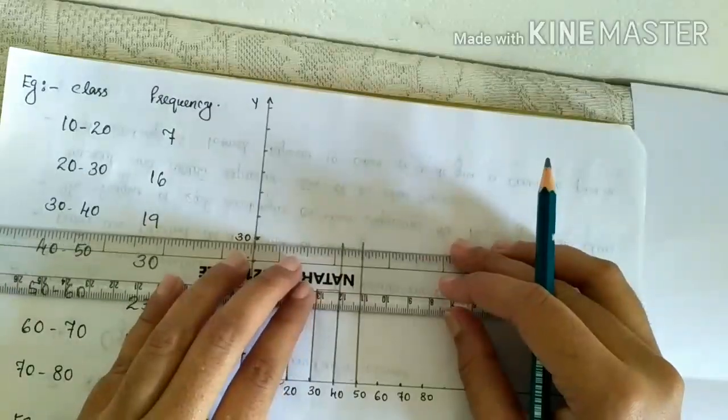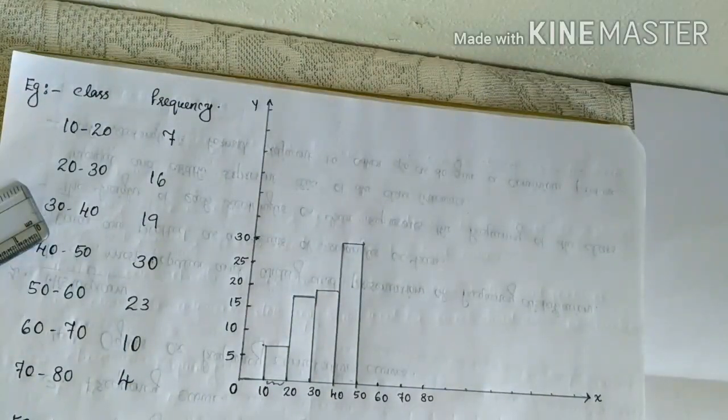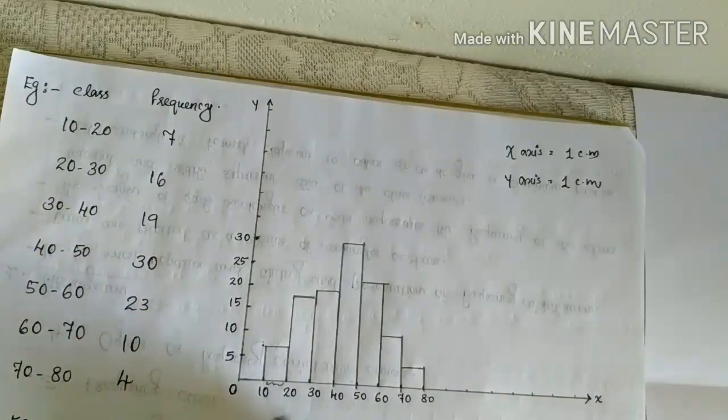You have to plot the rectangle here. The same procedure we have to follow to complete all the classes. The main feature of a histogram is that the bars are joined together. There is no space between one bar and another. The whole rectangles are joined together. This is the main feature of a histogram.